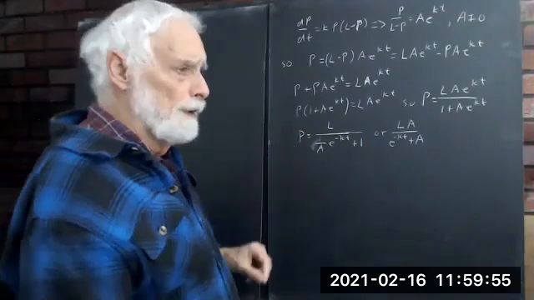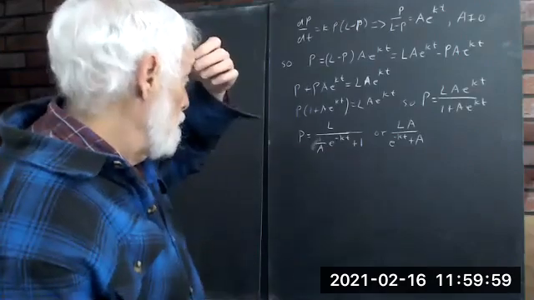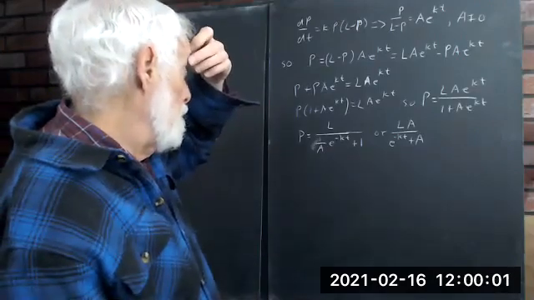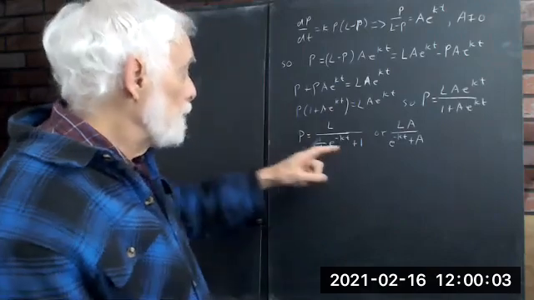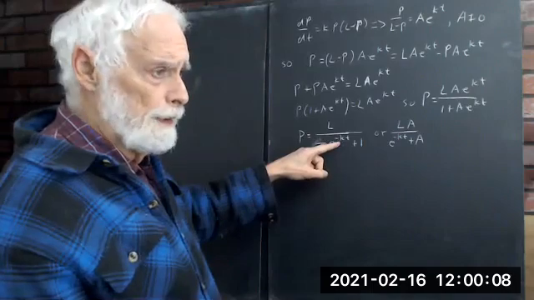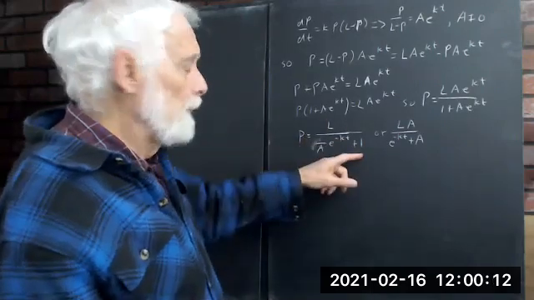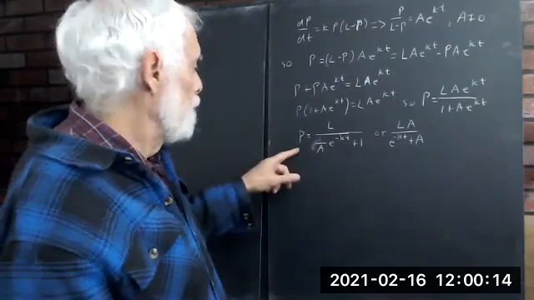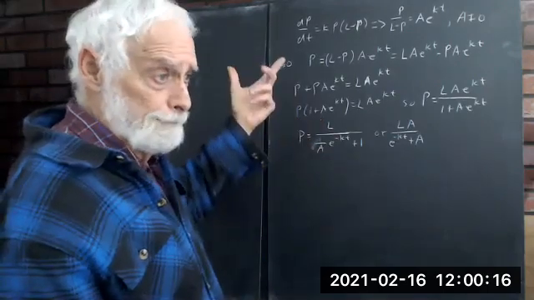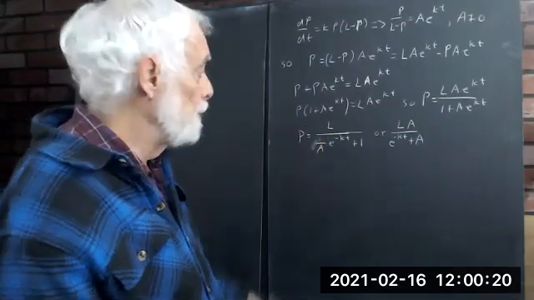But what this is telling you is as t approaches infinity, this 1 over A e to the negative KT approaches 0. And the denominator approaches 1, so that P approaches L. Your population clearly approaches your limiting population.